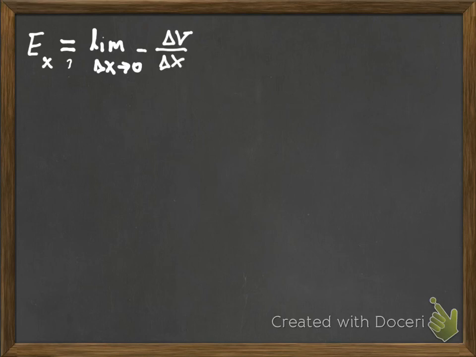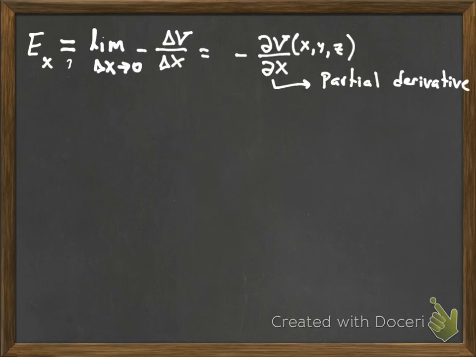That limit has a name, as you know from your calculus classes. This is the derivative of the electric potential with respect to X in this case. Now notice that I'm writing this derivative in a funny way. Instead of the regular d, I'm writing this d that is a bit curved, and that's because this is the notation that we use in math for partial derivative.